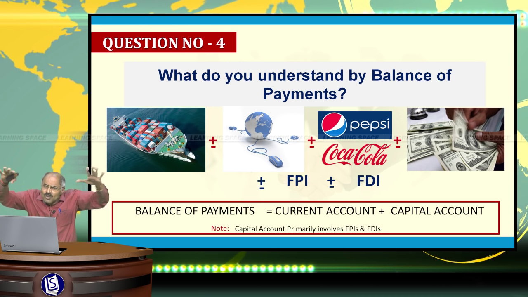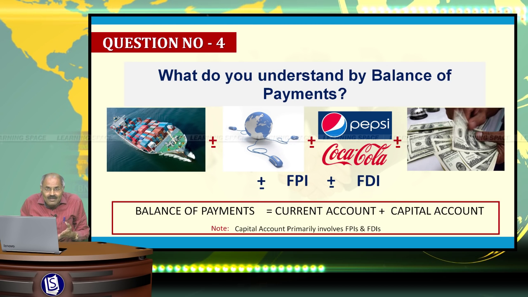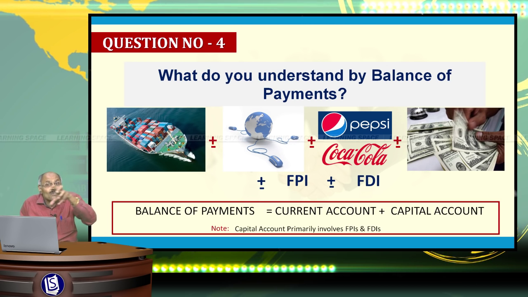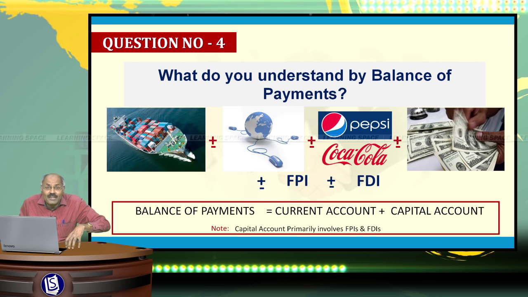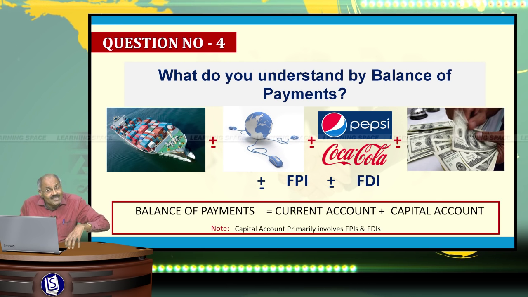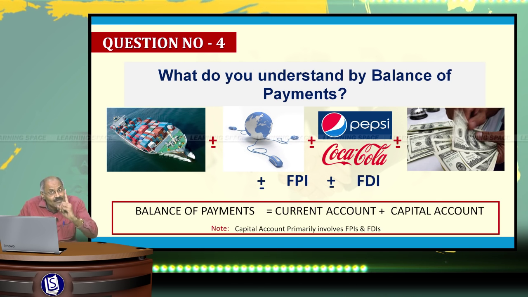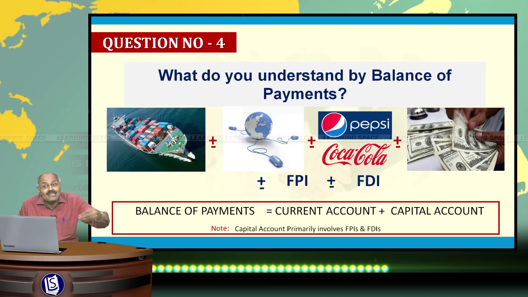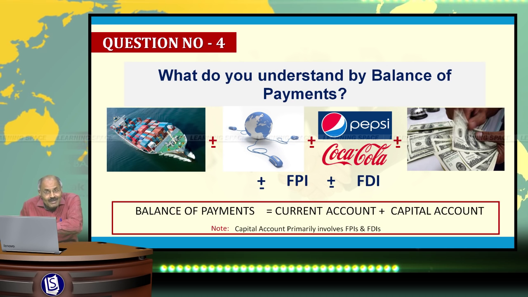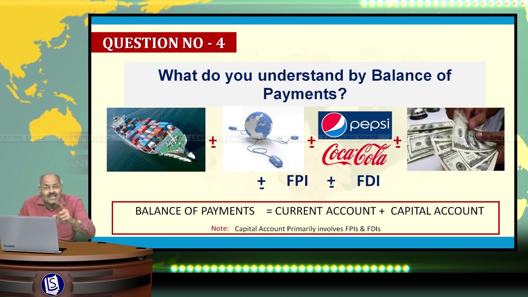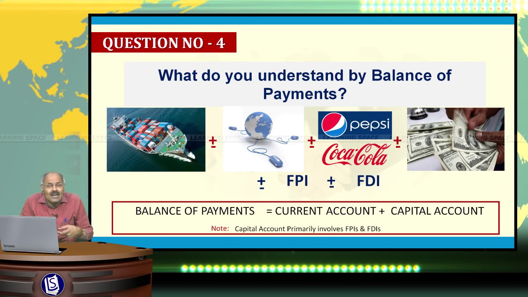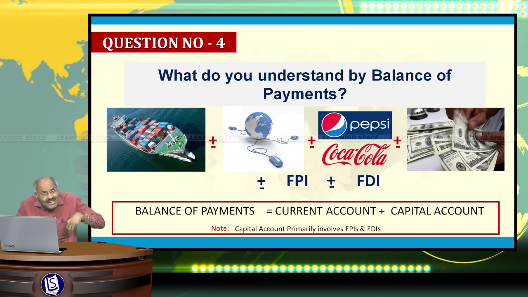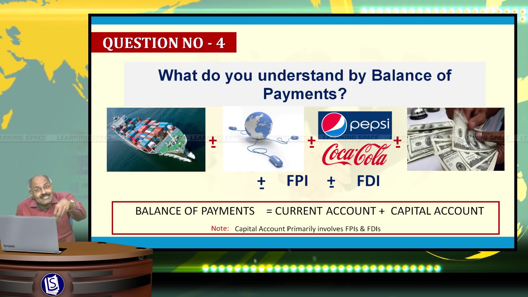So the sum total of all payments, that is current account deficit plus foreign portfolio investments, that is stock market investments, that is highly volatile. It can come at any time and it can go at any time. And the last one is foreign direct investment, that is the most stable investment. The sum total of all these foreign transactions with our country makes the balance of payments.